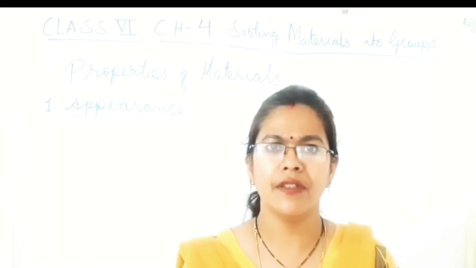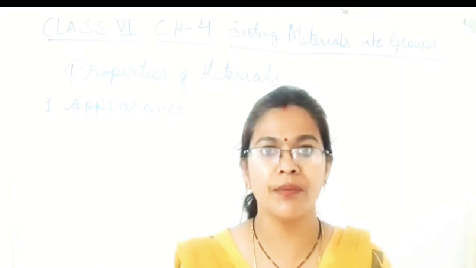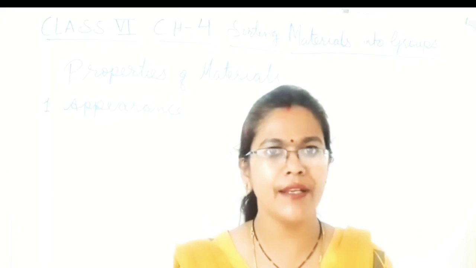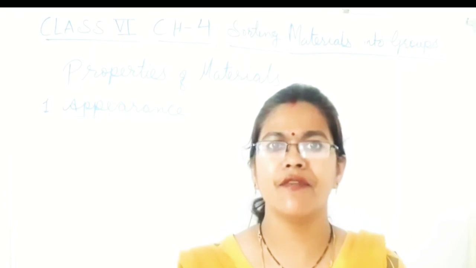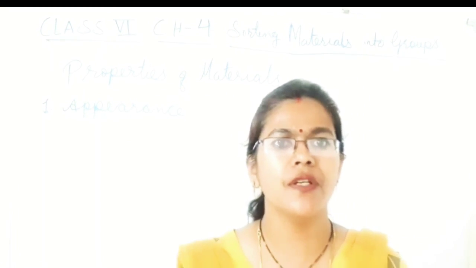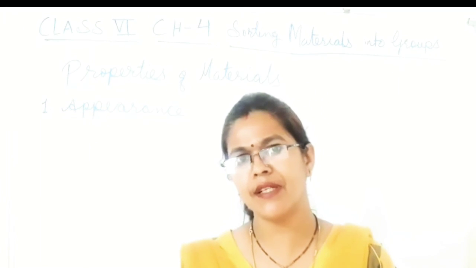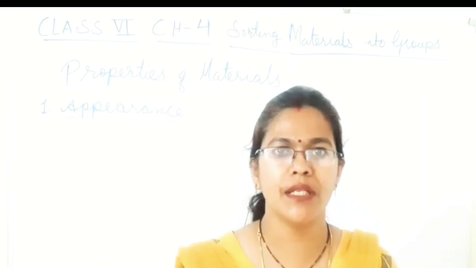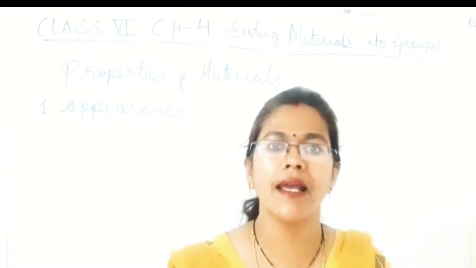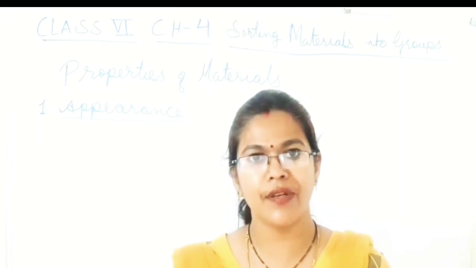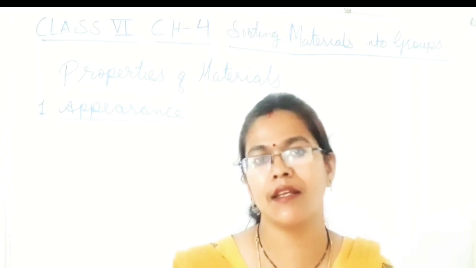Then we have some cotton material. They look very different, isn't it? And if we take the example of metal also, we have different types of metals like aluminium, copper, steel, iron. They also look very different, but they have some similarity also.